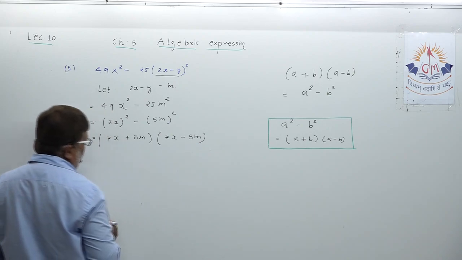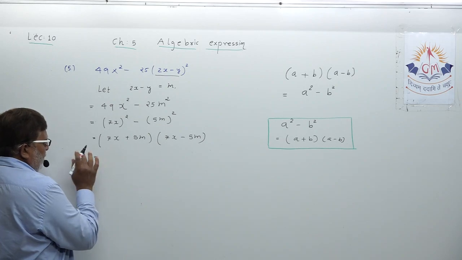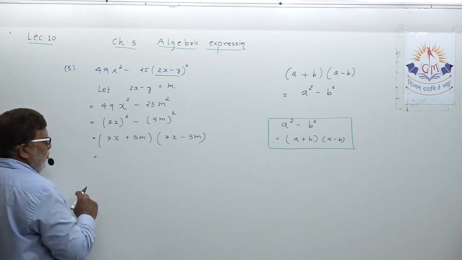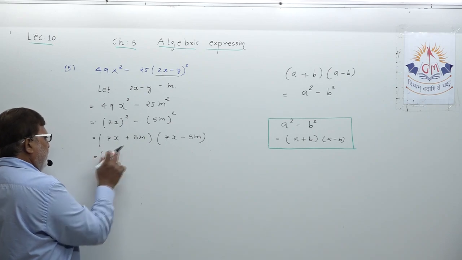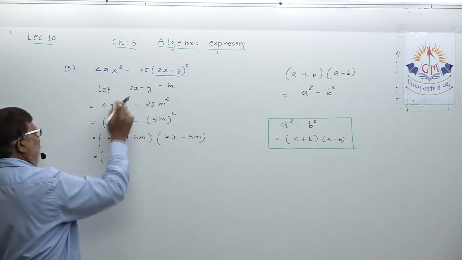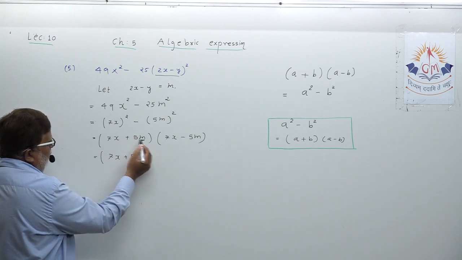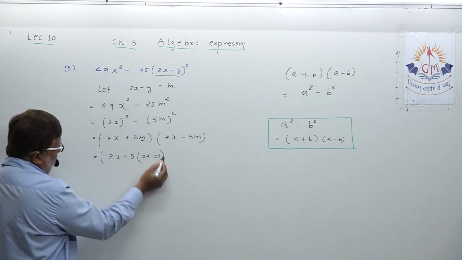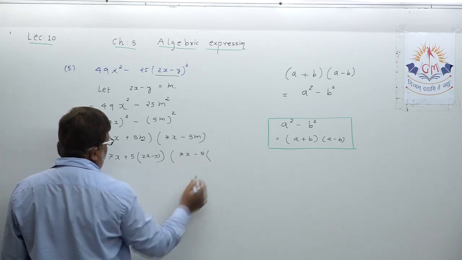Okay. Verify with me and at least keep an optimum speed to match with me. 7x plus 5m, 7x minus 5m. Let us resubstitute the value of m. Okay. So 7x, please be watchful, plus 5. Here in place of m, write 2x minus y, bracket closed, 7x minus 5.